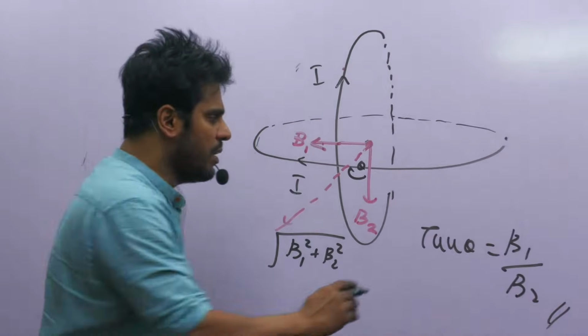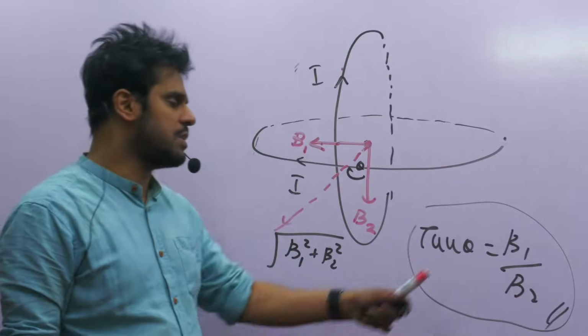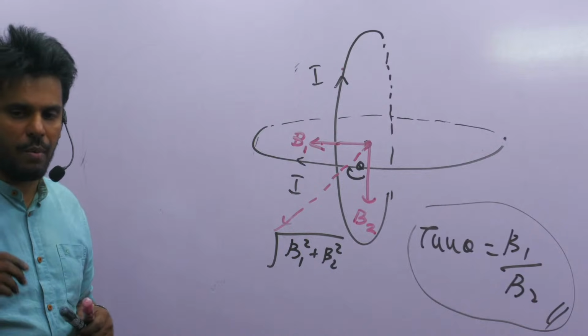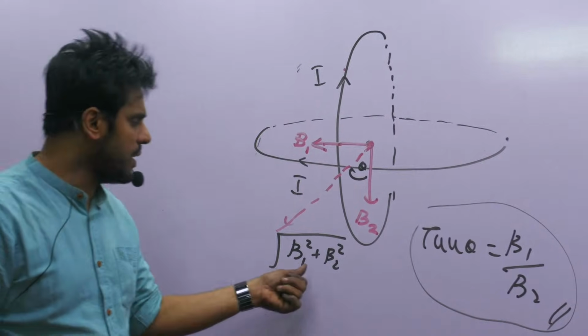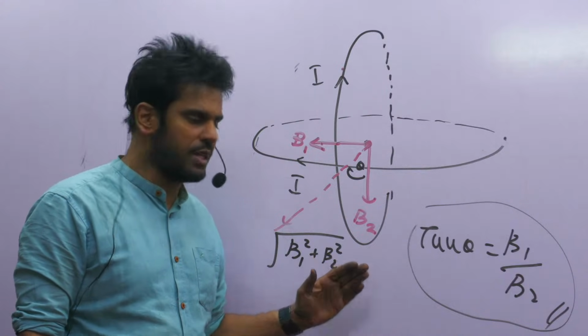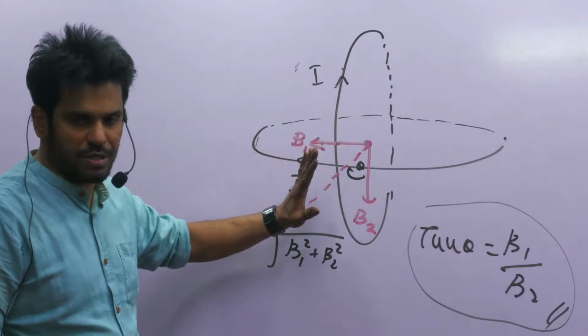But this is not important in magnetic field, because these parts are considered in mechanics. In magnetic field, we always find only the magnitude of the magnetic field. They will not ask you for the direction in these questions.